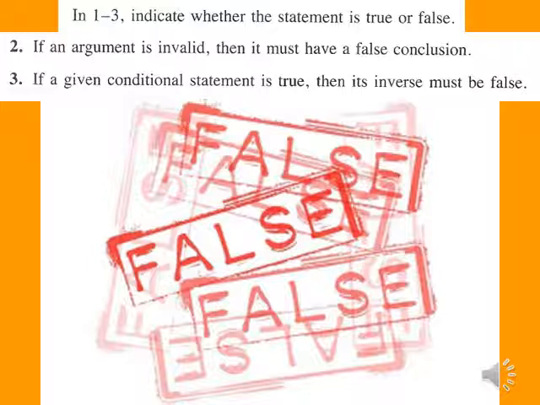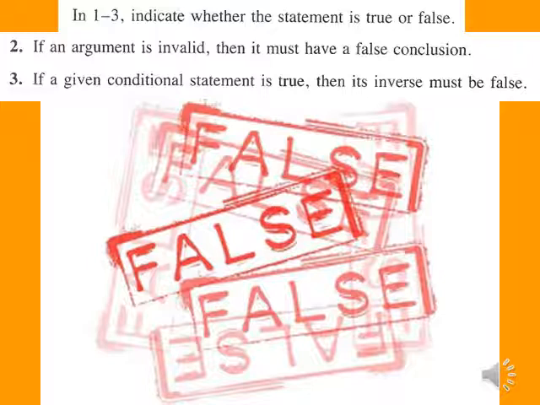Just because an argument is invalid doesn't mean you have to have a false conclusion. You could come up with a bunch of BS but still have the right answer. You've probably done that on tests before. And it doesn't mean that you thought through the process right, but your answer could actually still be correct.